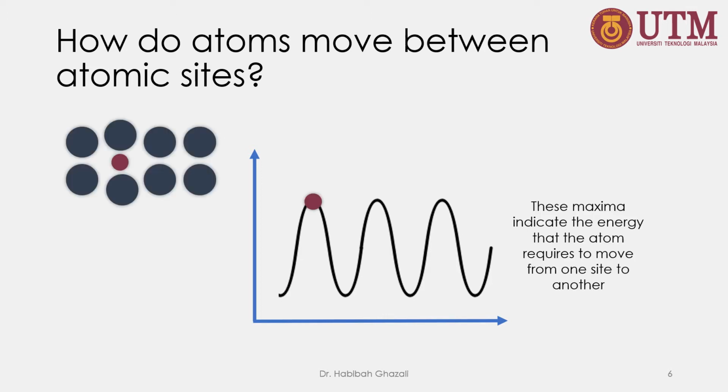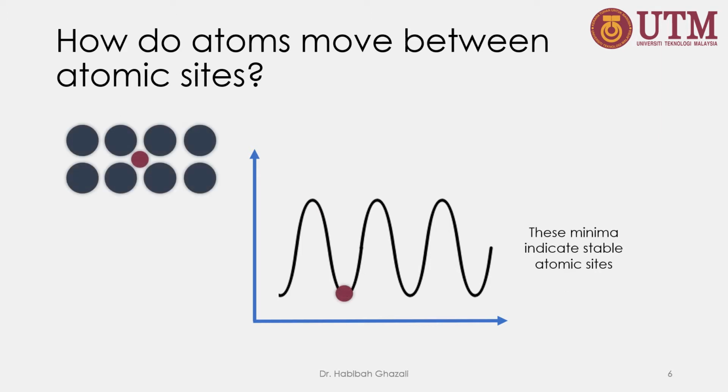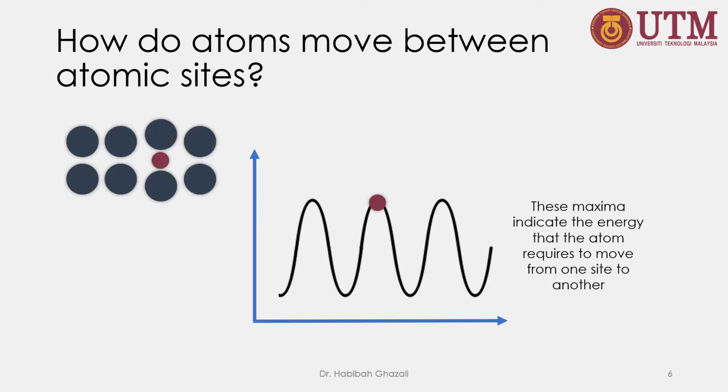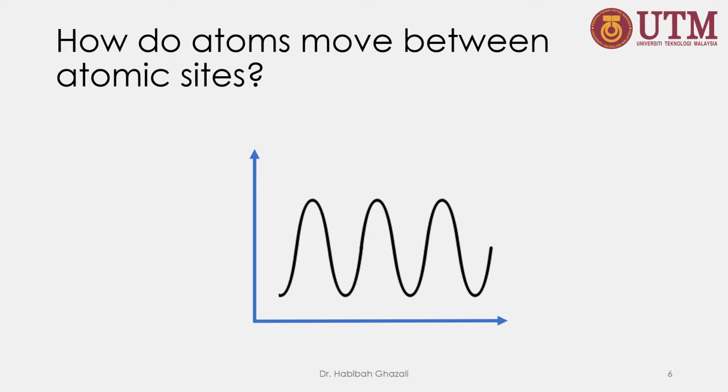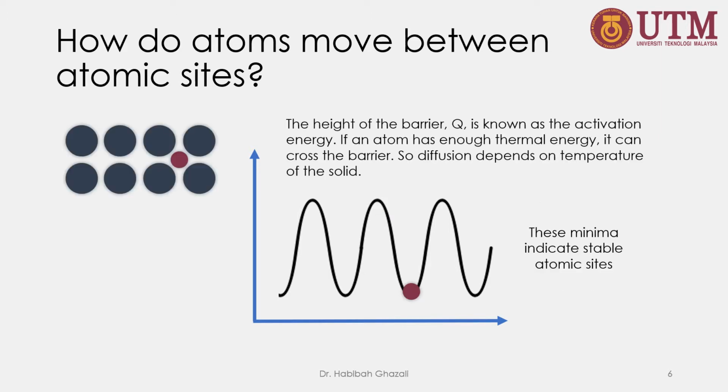And this maxima indicates the energy required to move that atom from one side to the other. And again, when they are in their stable position, they have their own thermal vibration. But for them to move from one side to the other, they need an activation energy. So this height of the barrier is known as the activation energy.